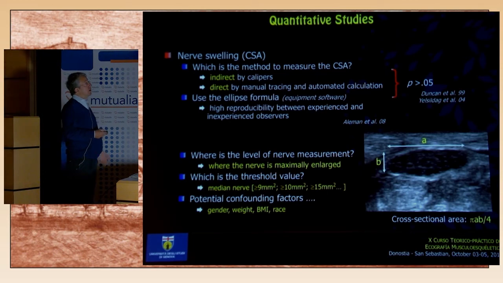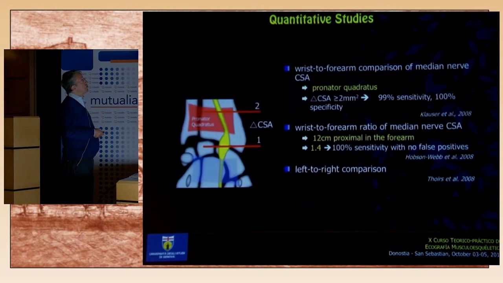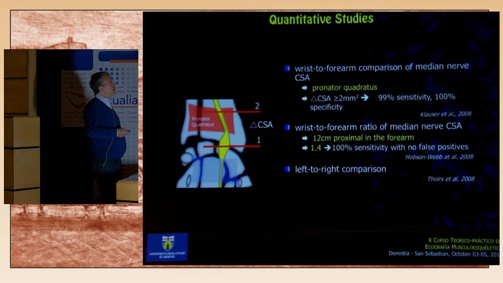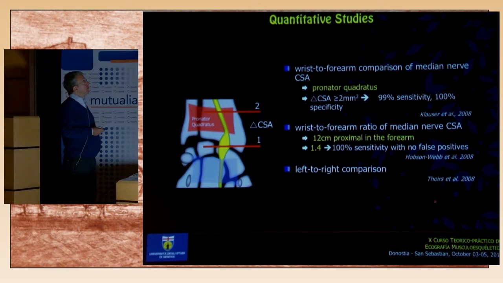But there is a lot of variability in terms of gender, weight, body mass index, race. And this was the reason for which in the same year, 2008, Andrea and Lisa published 2 papers to compare the area of the median nerve at the point of maximal enlargement with the area of the nerve calculated outside the point of compression.